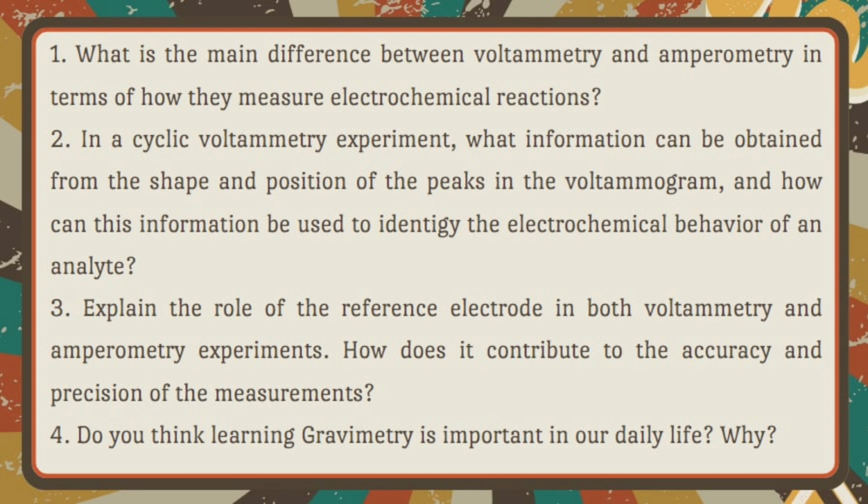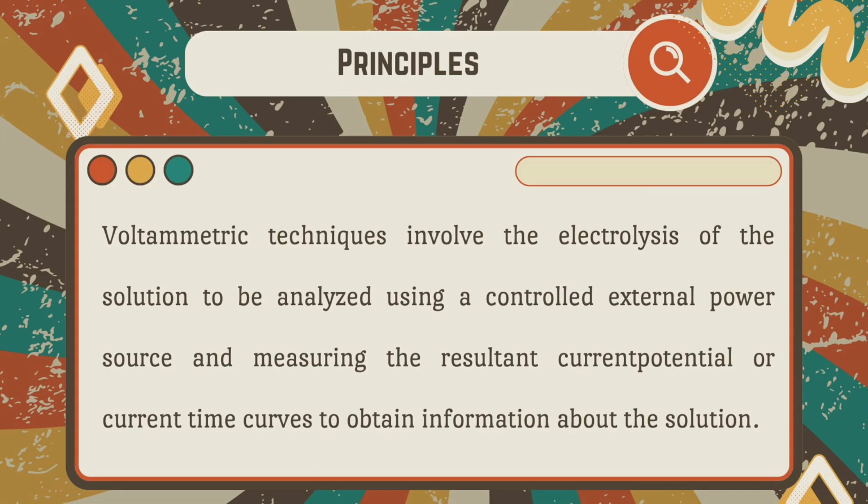So now, let's proceed to the principle of voltammetry. Voltammetric techniques involve the electrolysis of the solution to be analyzed using a controlled external power source and measuring the resultant current-potential or current-time curves to obtain information about the solution.